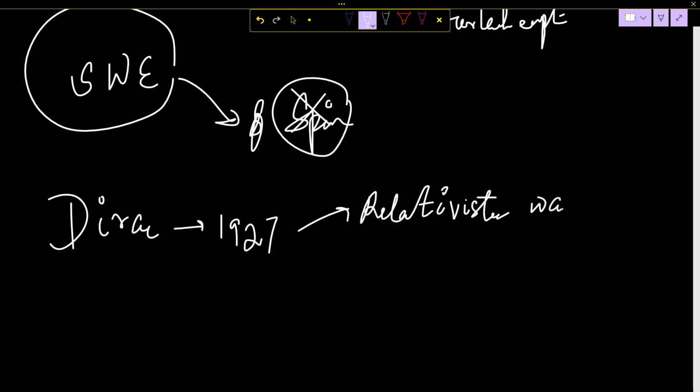And what does that relativistic wave equation say?